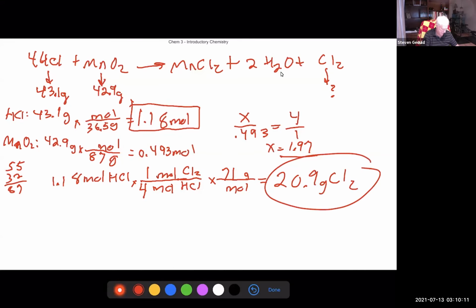There was one more part. It says if the yield of the reaction is 77.1%, what is the actual yield of chlorine?